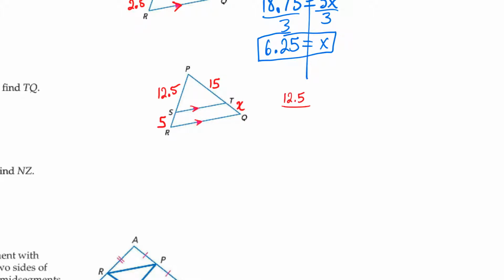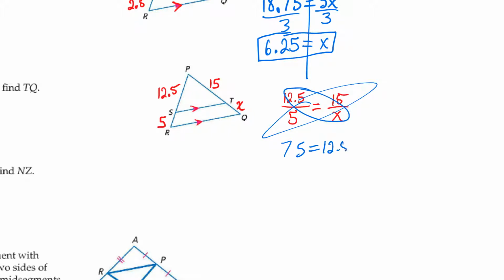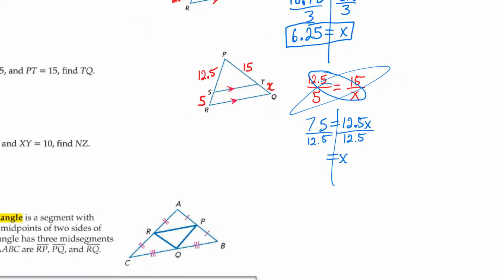So 12.5 is to 5 as 15 is to X. We get 75 equals 12.5x. Divide both sides by 12.5, and X equals 6.